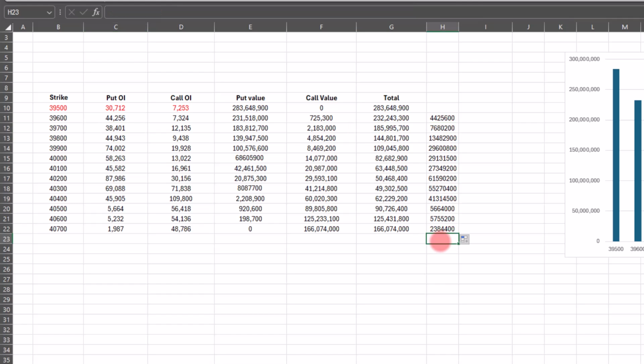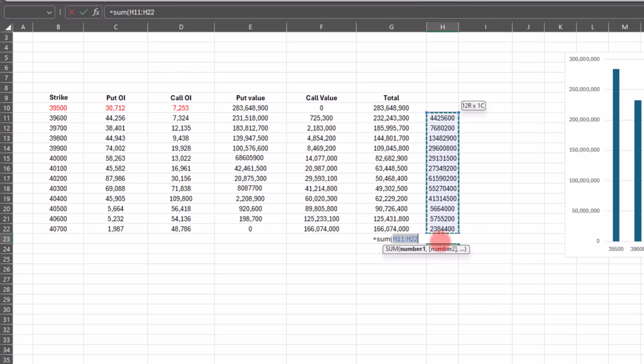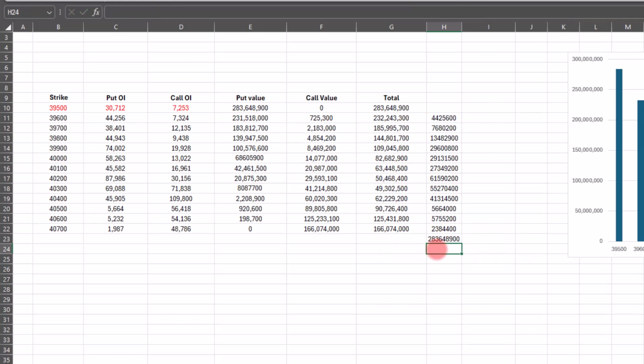So if we come down here and we say, take the sum of these, and if we did this right, we should get 283,648,900, and that's what that number is right there.